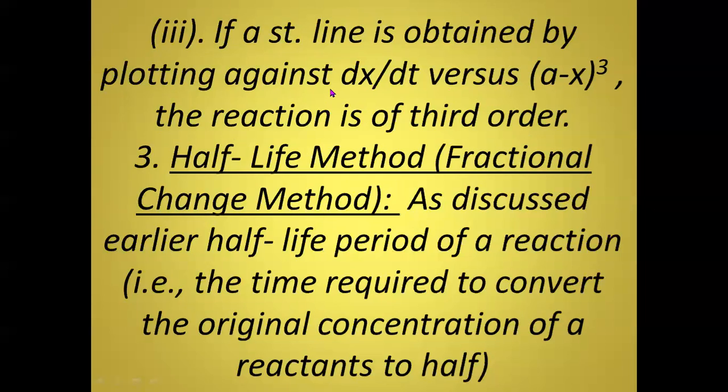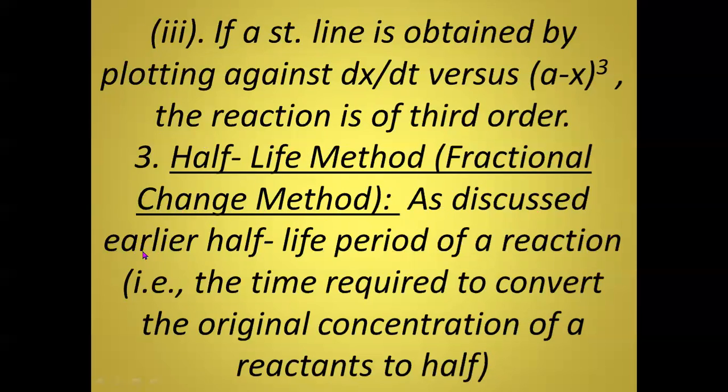So with this method, we have a difficulty. And the third method is the half-life method. You know that the half-life period of a particular order of reaction has a particular value. It means the value of T half, that is the half-life period, is fixed for first order or second order or third order.